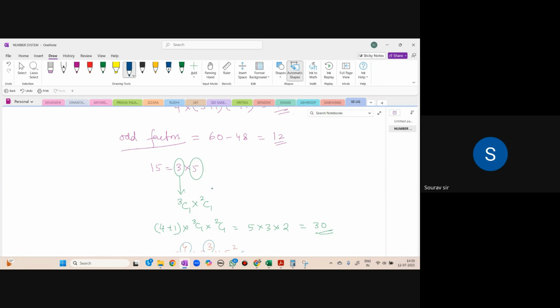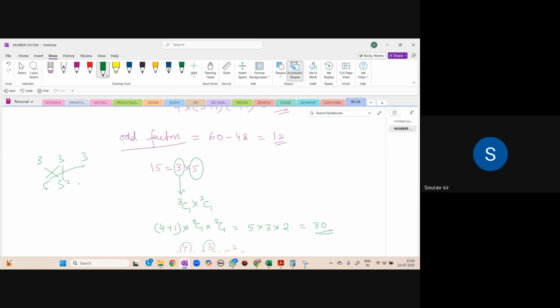Because you think of it like this. There are three 3s and two 5s. I can take any combination of 3 and 5, so these are independent combinations.